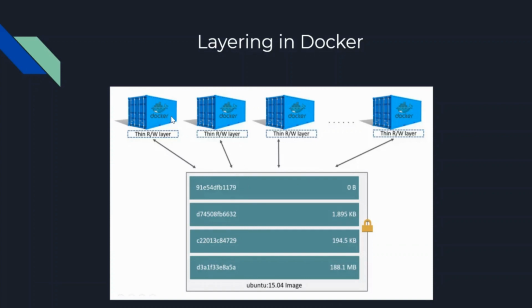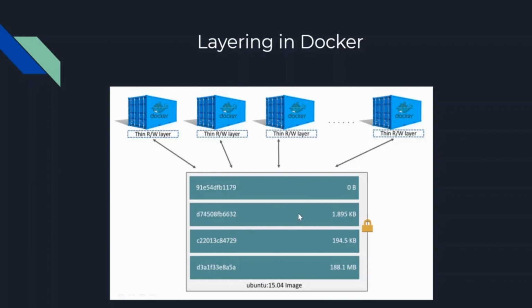So remember that the images are read only, but whenever you spin up a new container, you are basically creating a new layer, a read and write layer on top of the image, and then you can access all of the content of the image and you can modify it in the read and write layer. Once the container gets destroyed, I mean once the layer in here disappears, then the changes that you made are going to disappear as well.